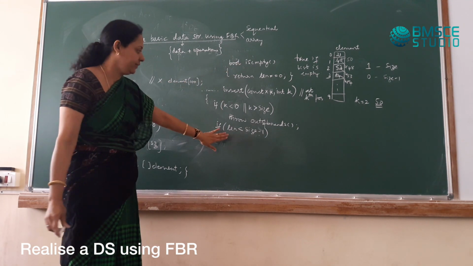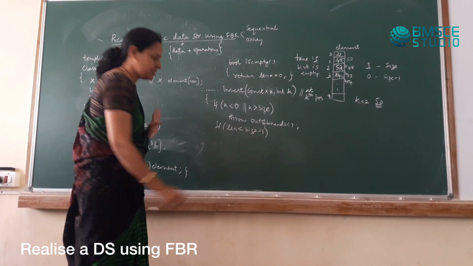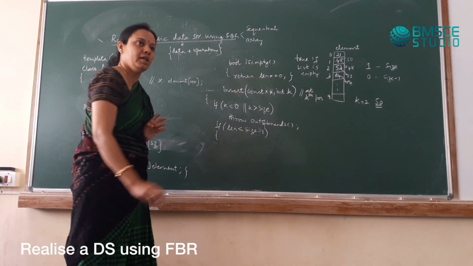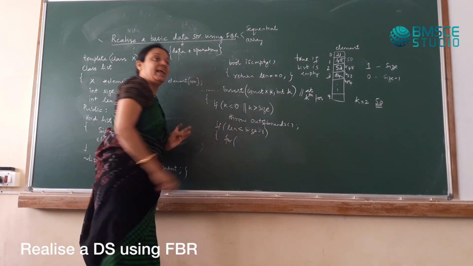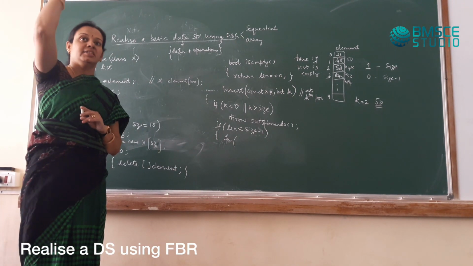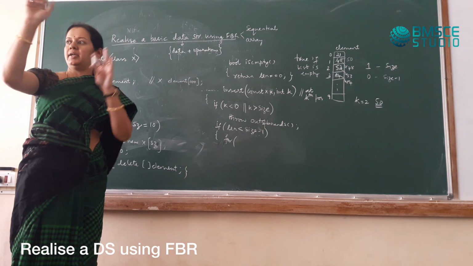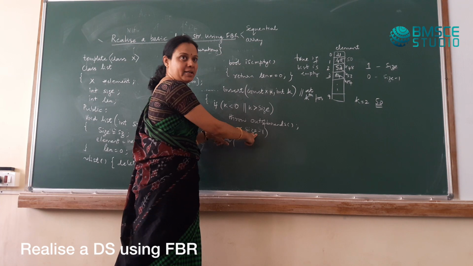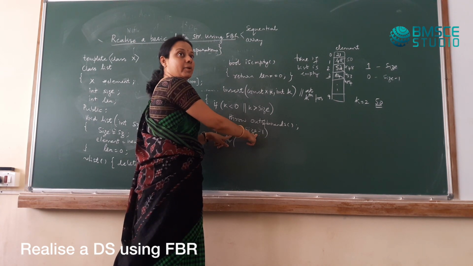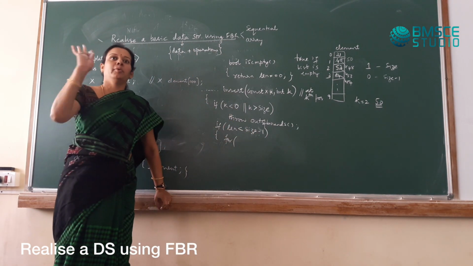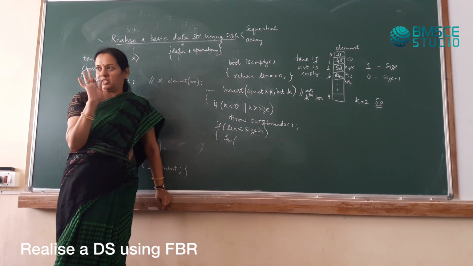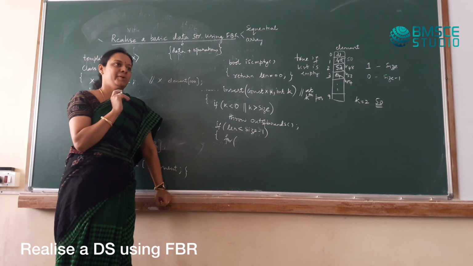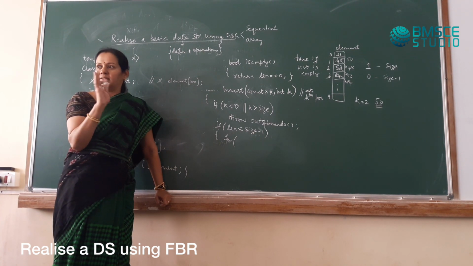So what is it that we do now? If length is less than size, we will use a for loop. I'll let you do the changes. Just understand the concept first and then you can discuss and put everything together. If length is less than size minus 1, because if you already have size amount of data, you don't have space.